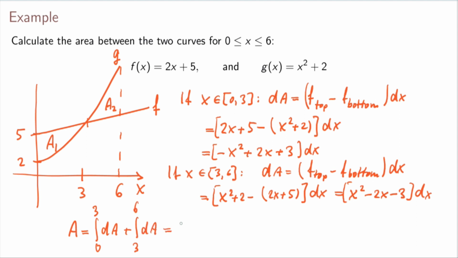Write it out, we get the integral from 0 to 3 of minus x squared plus 2x plus 3 dx, and then the other part, plus the integral from 3 to 6 of x squared minus 2x minus 3 dx. Okay, so we also got the integral written down. We did not use the cumbersome Riemann sum, but we did use the dAs and dx's as a little bit different notation than we did before.